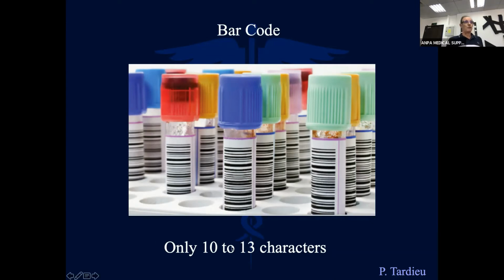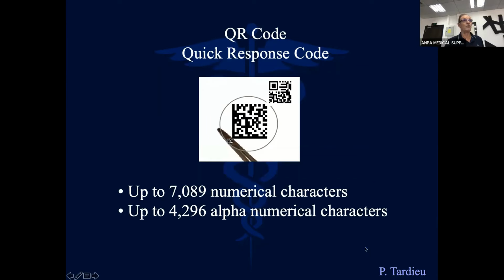On a barcode, you can only store 10 to 13 characters, which is not enough for what we want to do. So instead of working on barcodes, we work on QR codes. QR means quick response code. And instead of a little more than 10 characters, we can put 7,000 numerical characters or 4,000 alphanumerical characters. And this gives a big, big difference.